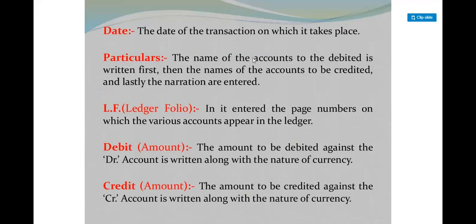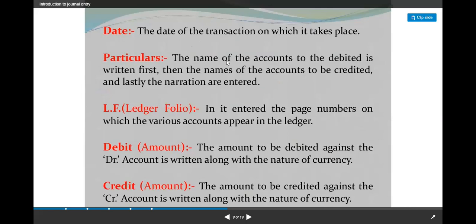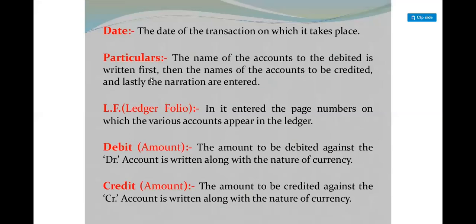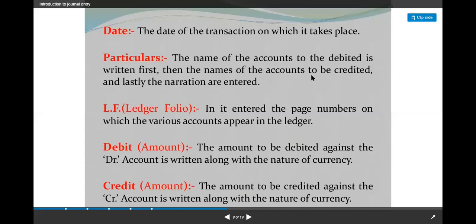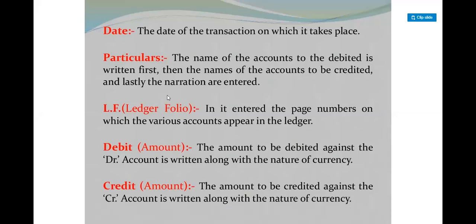order. In column of particulars, the name of the account to be debited is written first. So whatever we will be writing, debit will be written first and name of account to be credited will be written in the credit side. Okay.